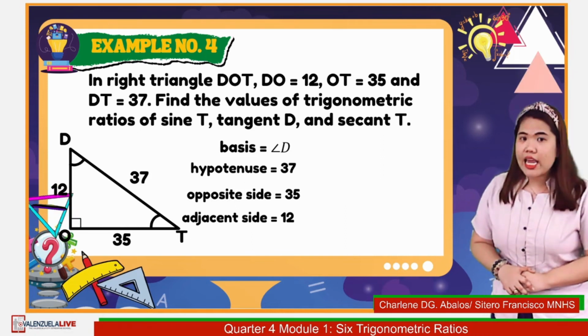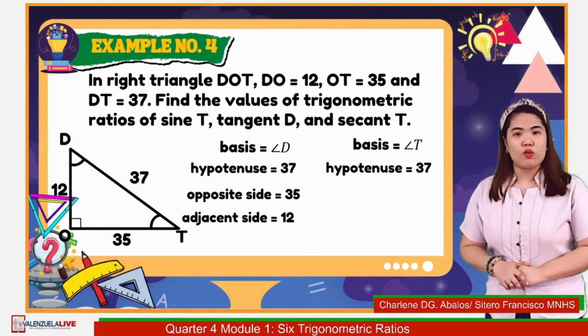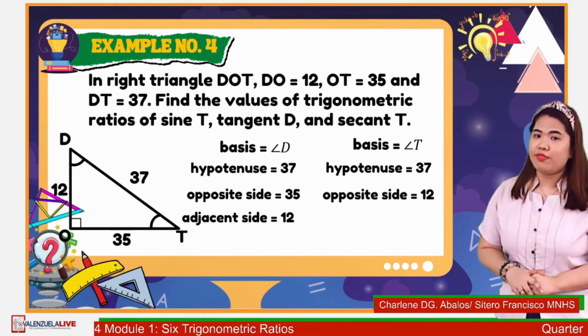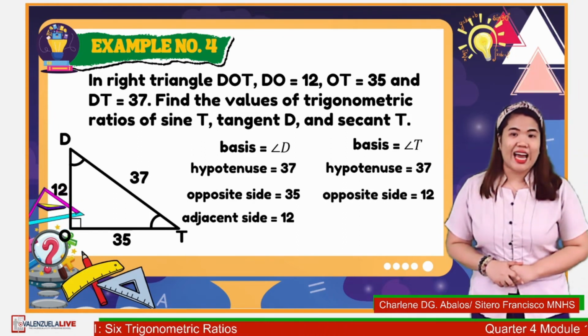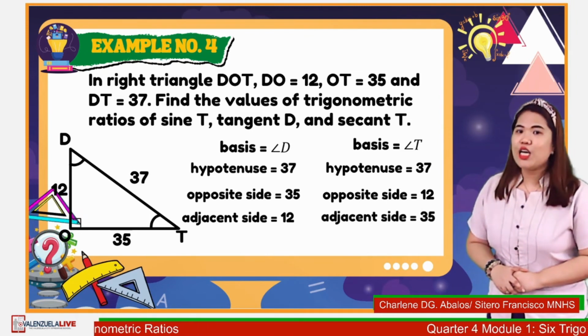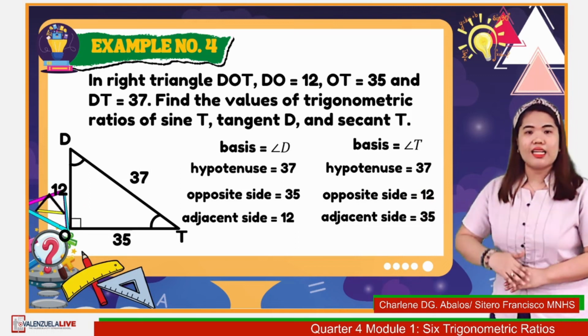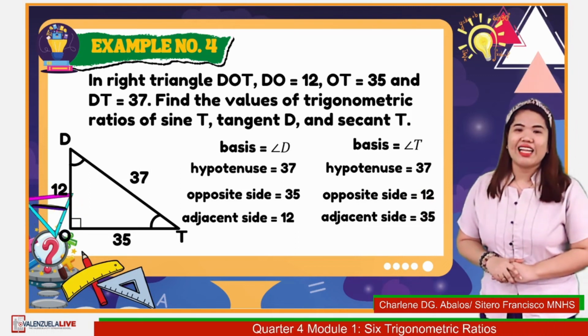With respect to T, the length of the hypotenuse is 37, the length of the opposite side is 12, and the length of the adjacent side is 35. Using these given lengths with respect to D and T, let's now answer.